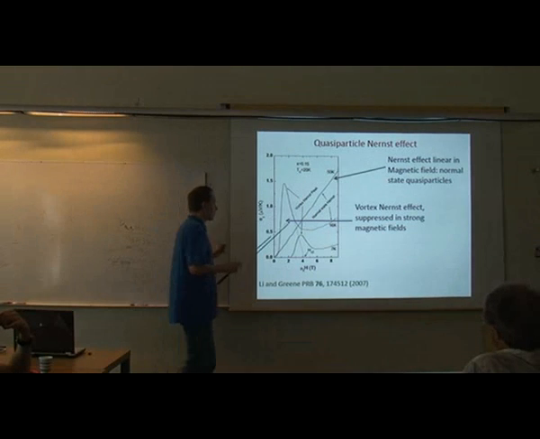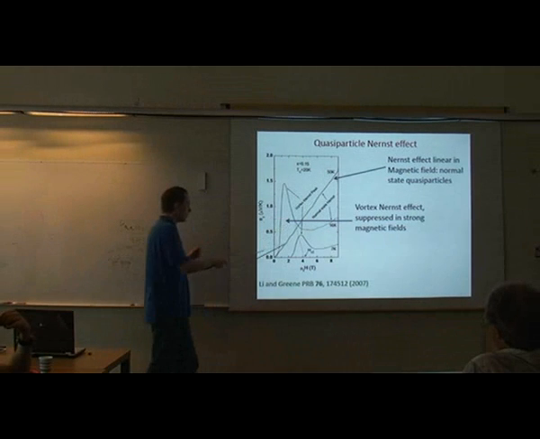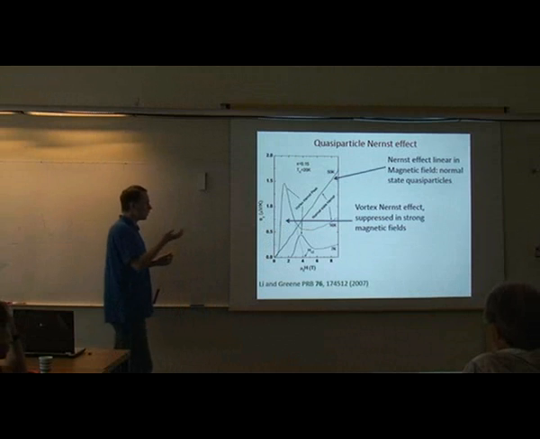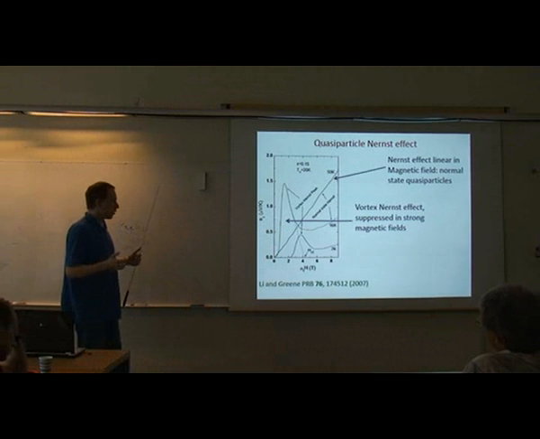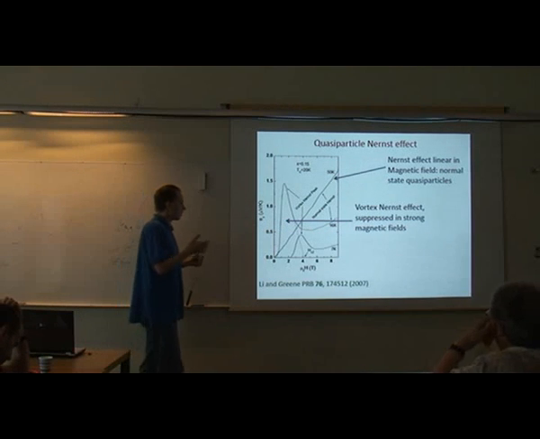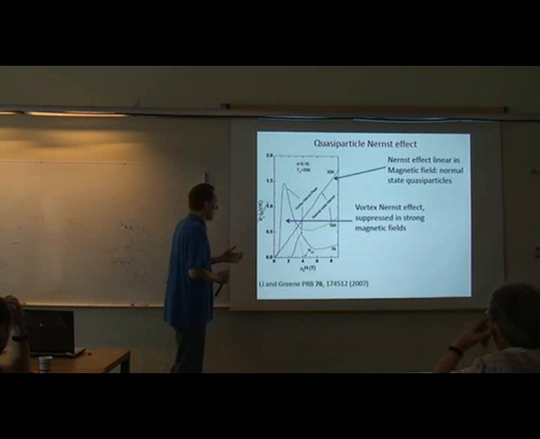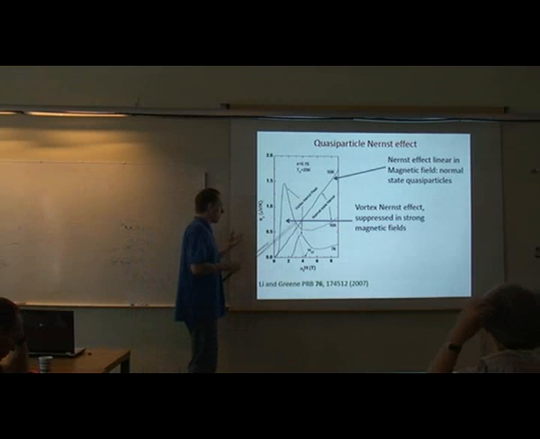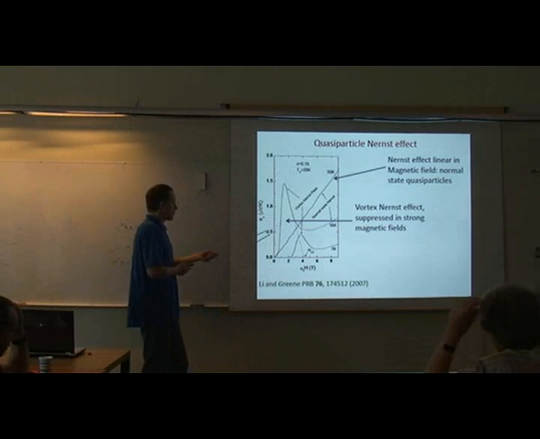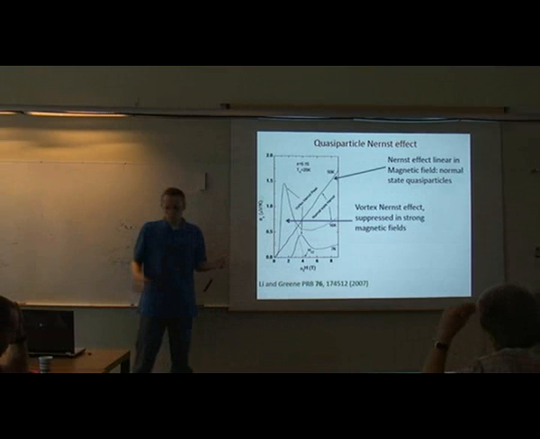So I will concentrate on this linear part here, and consider only quasi-particles later on, and try to understand how the normal state quasi-particles are changed in the cuprate phase diagram by analyzing the corresponding Nernst signal.